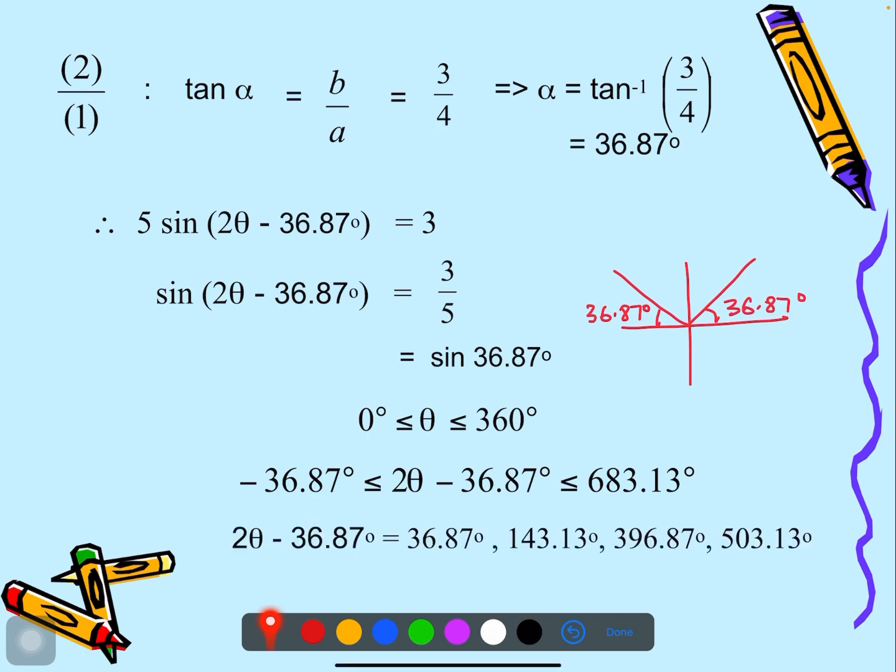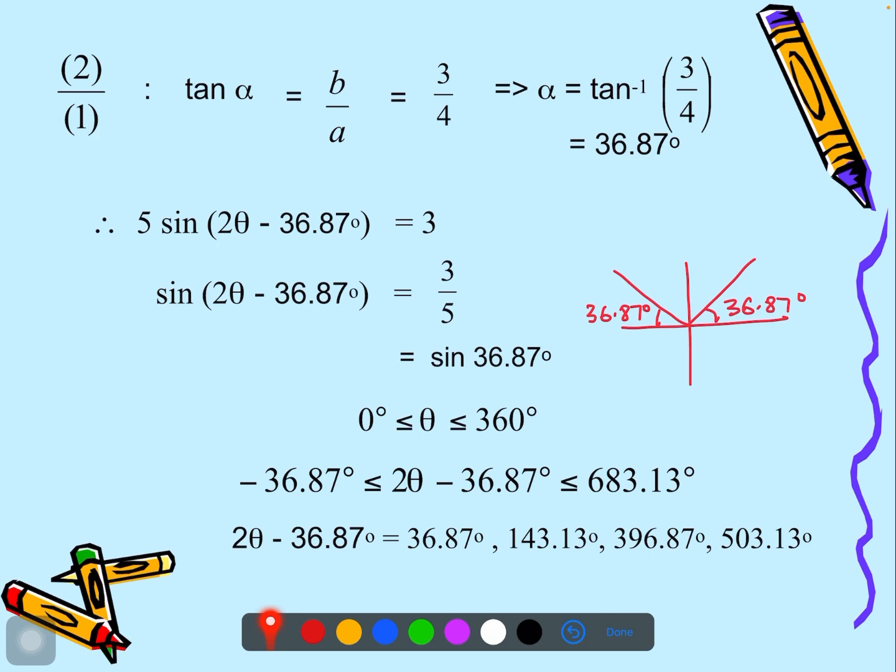And now we have 2 theta minus 36.87 from here: 36.87. Then another one is from 0 until this line, 180 minus 36.87.